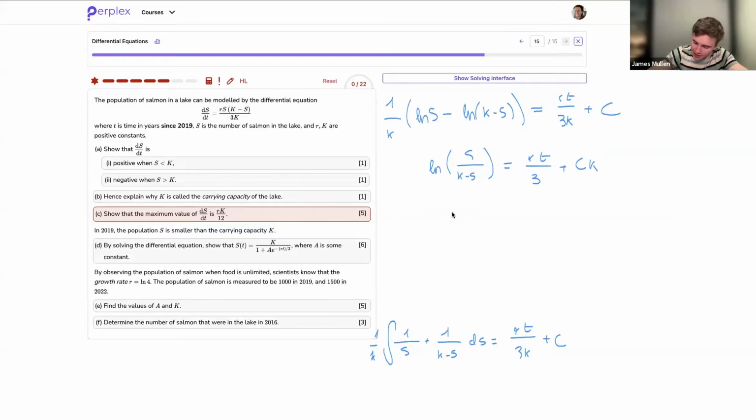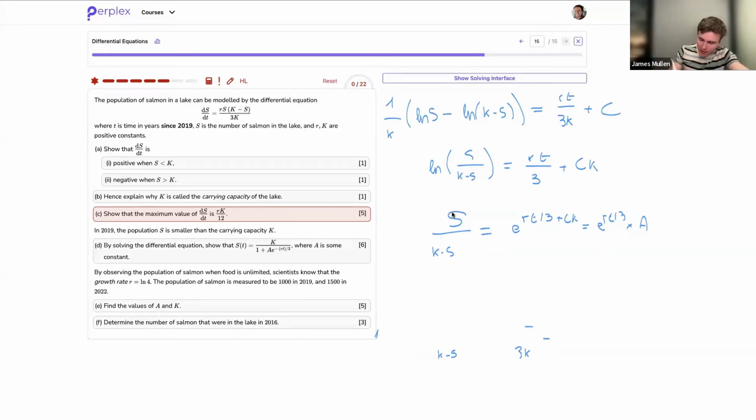So over here, I'm going to have s over k minus s, and it's going to be equal to e to the rt over 3 plus ck, which I can say is going to be equal to e to the rt over 3 times e to the power of ck, and I can just call that a. All right, so that's where my a is going to come in from. And now I just have to rearrange this into the form that the question wants, which is k over 1 plus a e to the negative rt over 3.